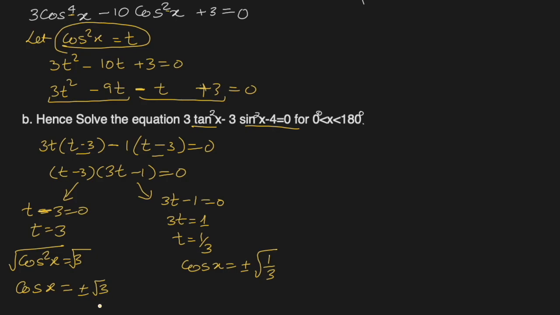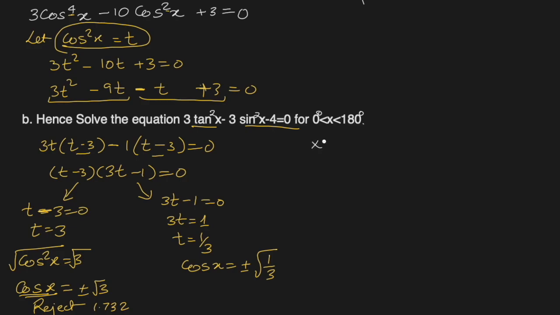Square root of 3 is 1.732. That, and cos's value can never be more than 1 or less than negative 1. That means both positive and negative answers here are not acceptable. Reject. Okay. Now we'll focus on this one.